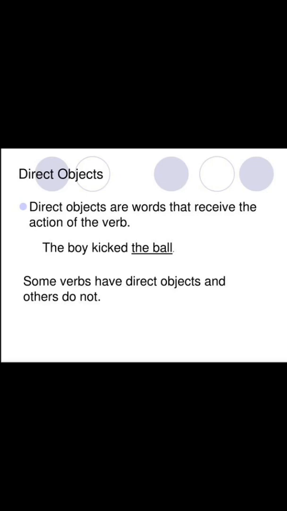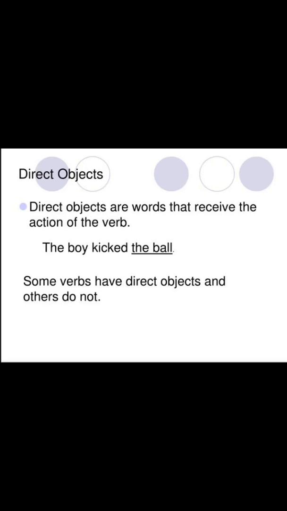As you can see the example, the boy kicked the ball. So here the ball is the direct object, and here kicked is a verb. Some verbs have direct object and others do not.